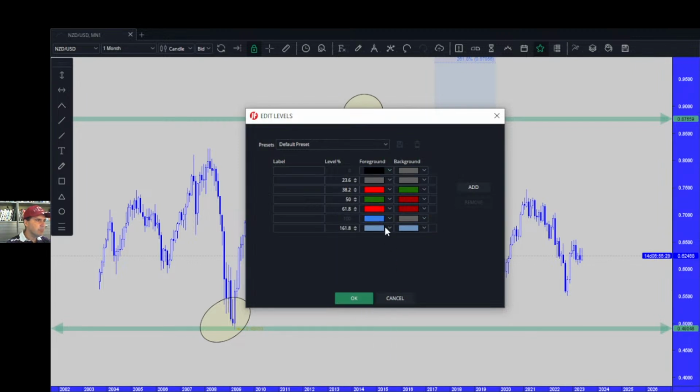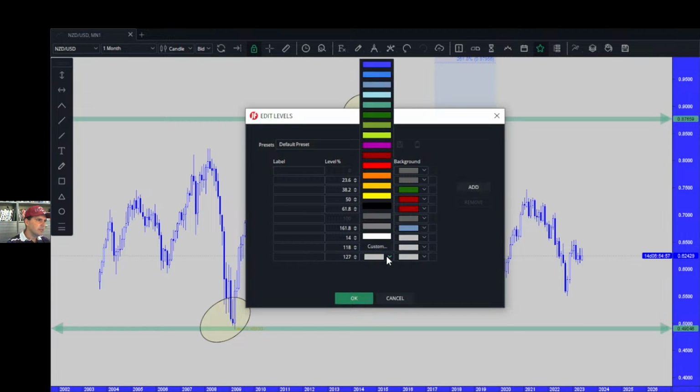So this is going to be black and this is going to be blue, this is going to be green. 1.618 is going to be green, 100 black, and I'm going to add 14% is going to be red. I'm going to add 118 extension is going to be red, and I'm going to add 127 is going to be blue.